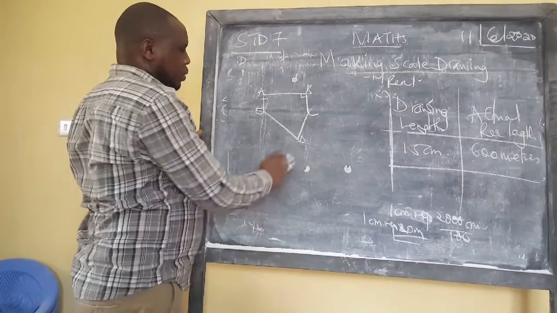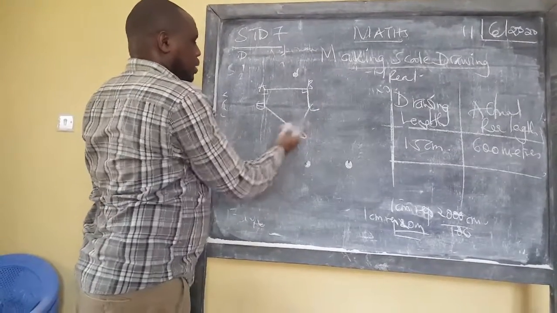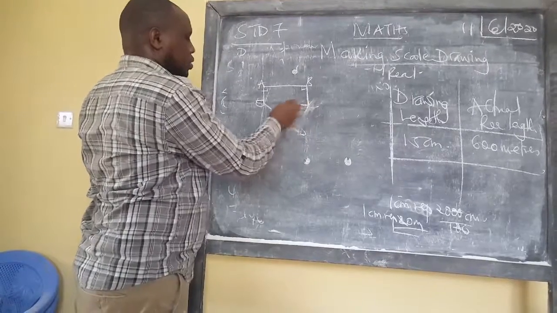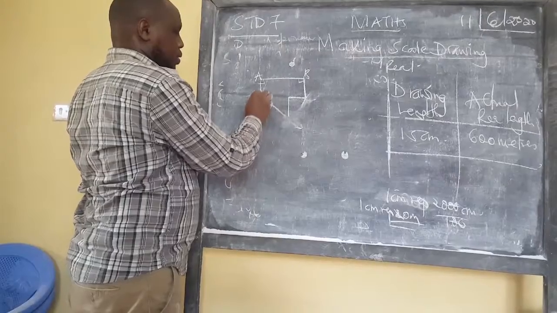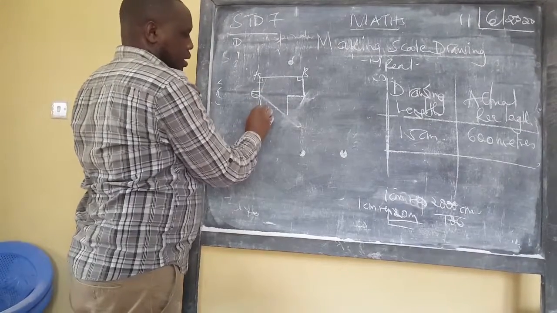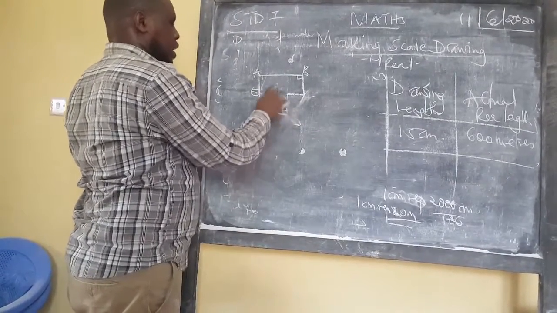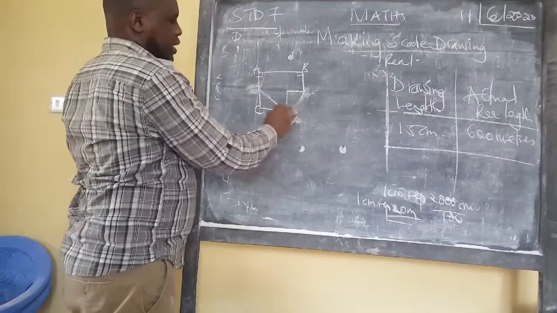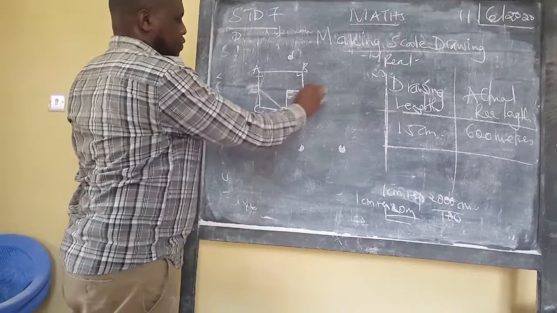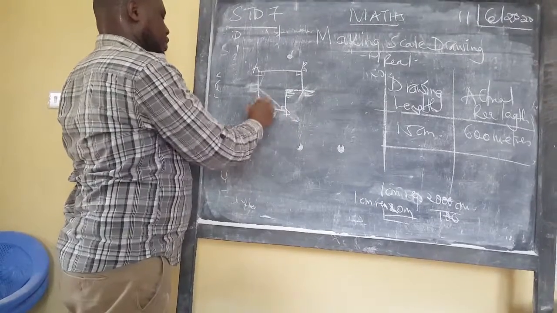They are telling you, make this a right angle also. Maybe something like that. AB, now C, D, and E, E, F. These are right angles.